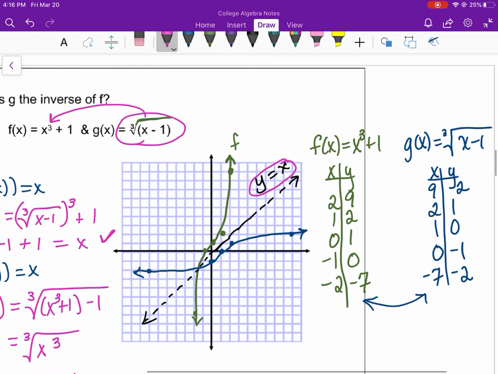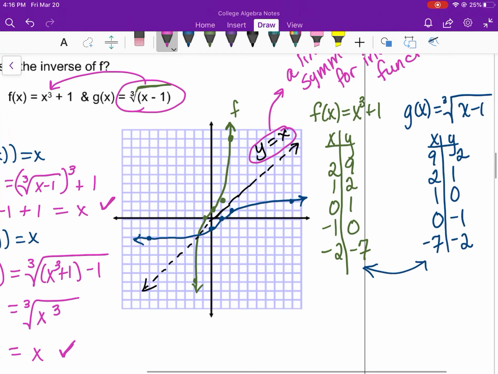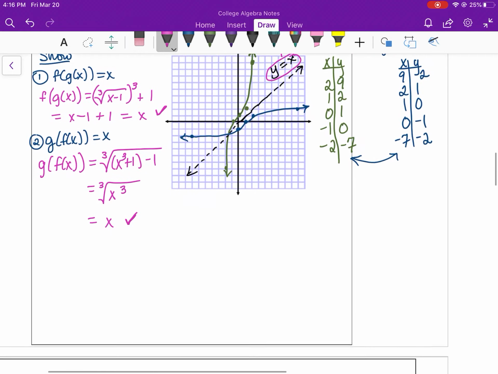So y equals x is a line of symmetry for inverse functions. All right, let's move on to the next example.